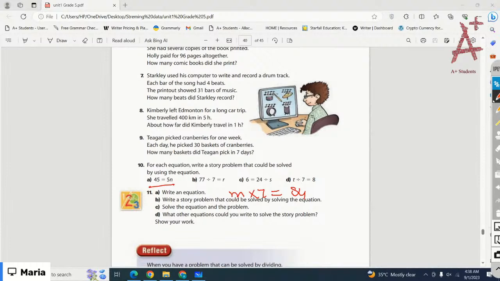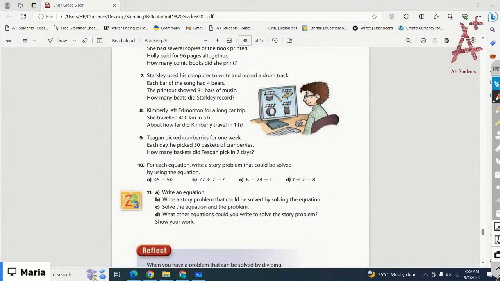Each day he picks 7 flowers. So after how many days does he have 84 flowers, right? You can write down any story. You have to solve the equation. M is multiplying to 7. So opposite to multiplication is division. You have to divide both sides by 7. So M equals 12. That means after 12 days he collected 84 flowers, right?